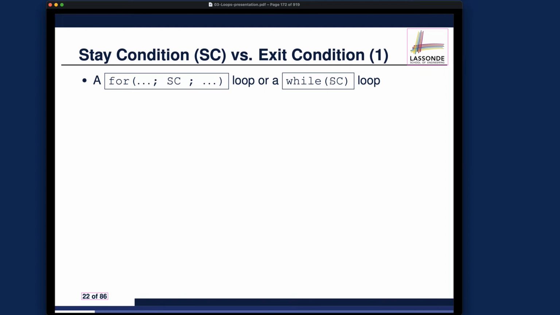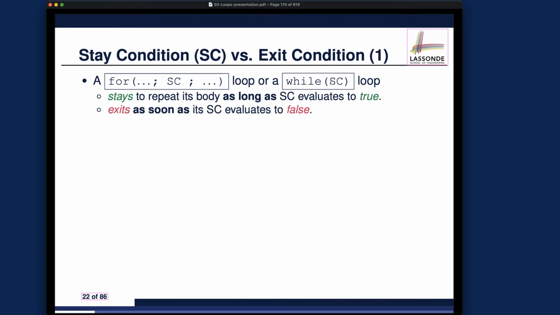As long as it evaluates to true, we're going to repeat for another iteration of the body of the loop. As soon as it evaluates to false, we're going to exit from the loop, right? That's exactly the two very important ideas about what state condition is. If you got any doubts, you can refer to the lecture notes or tutorial from last week.